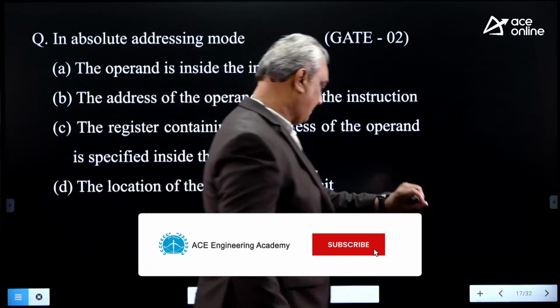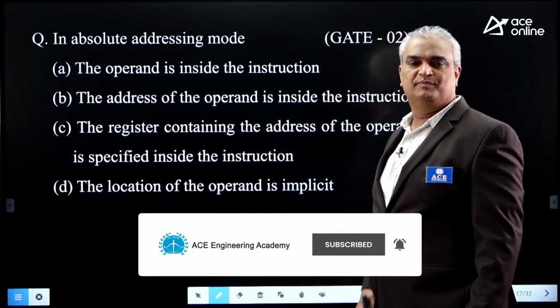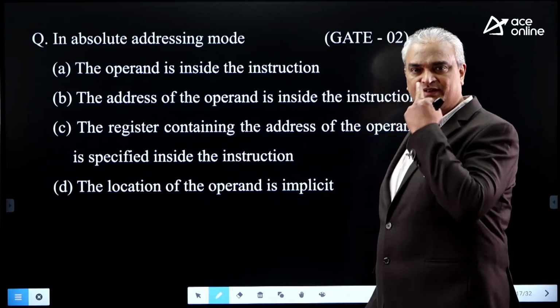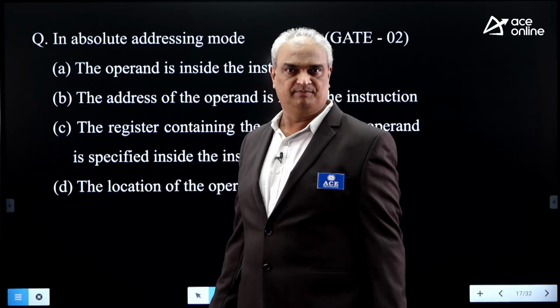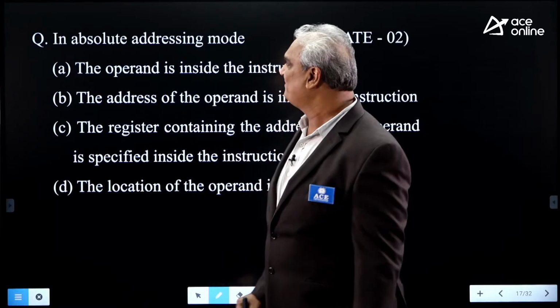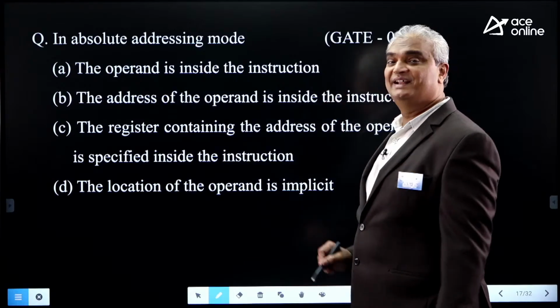Now look here. 4th question, absolute addressing mode. Absolute addressing mode is also known as memory direct addressing mode. In memory direct addressing mode, the instruction supplies the effective address. It is also an MCQ question. The operand is inside the instruction? No. That becomes immediate.